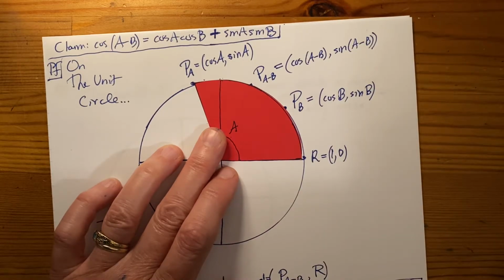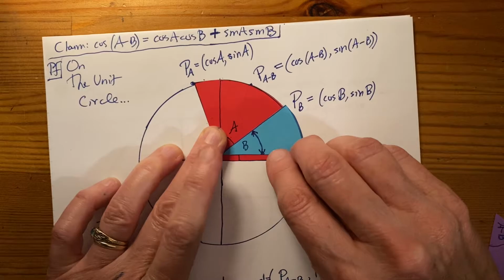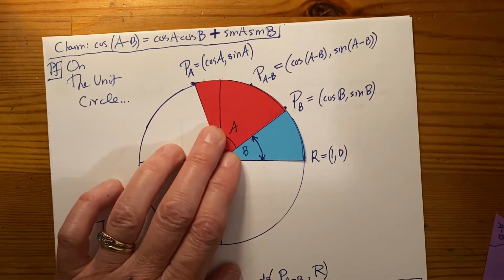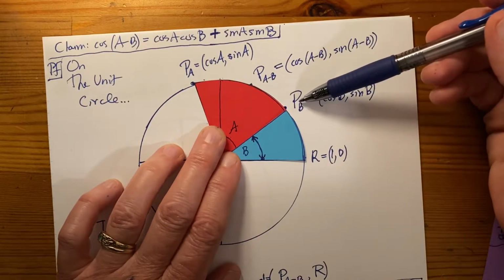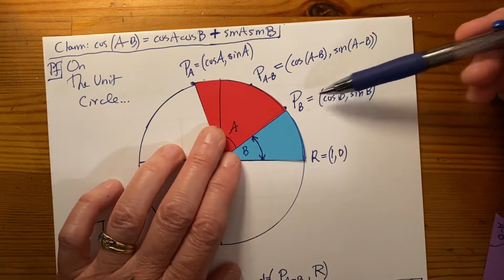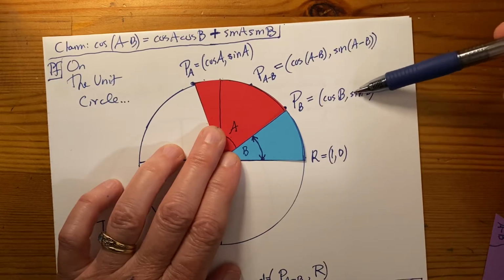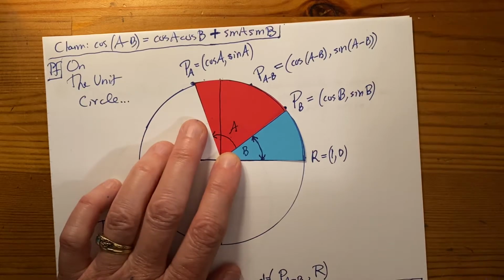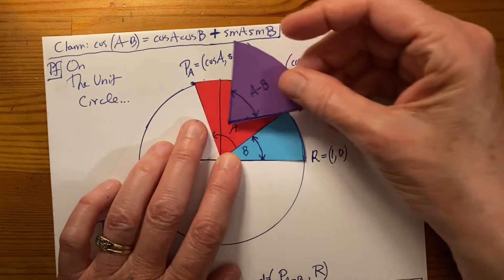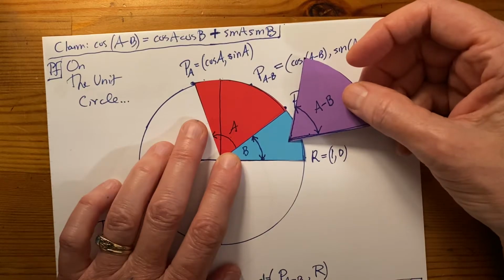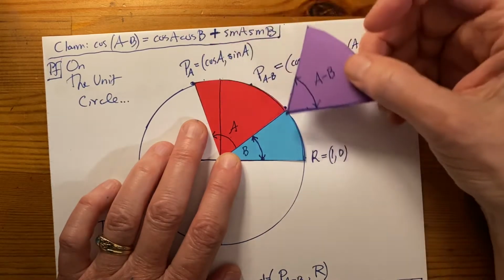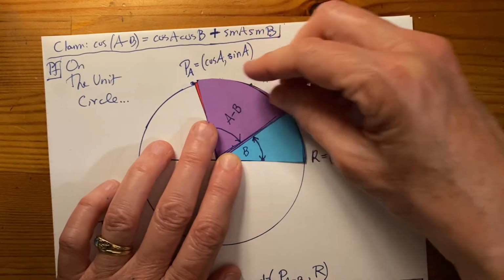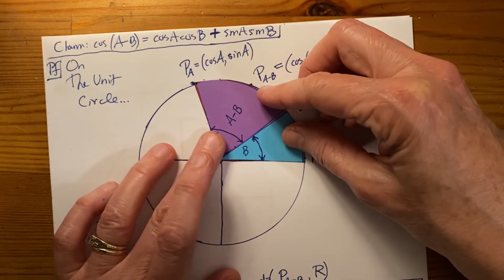If B is a much smaller angle, and we put it in standard position, where it terminates is at the point PB, whose x and y coordinates get called cosine of B and sine of B, right? So now I want you to focus on the angle which is the difference between these two. So A went all the way over here, B came just up to here. The difference between those two is represented by this angle here.